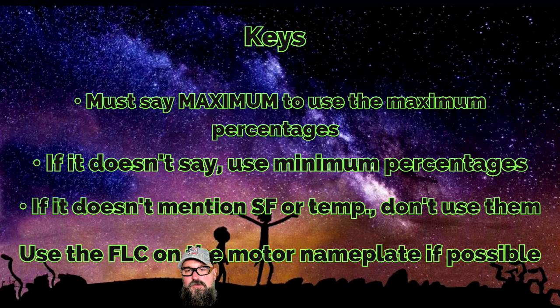If it doesn't say it, use minimum percentages. If it doesn't mention the service factor or temperature, don't use them. Use the FLC on the motor nameplate if possible. So if it doesn't mention the service factor or temperature, don't use any of those, 1.25 or 1.40. You just go with 1.15 and 130.